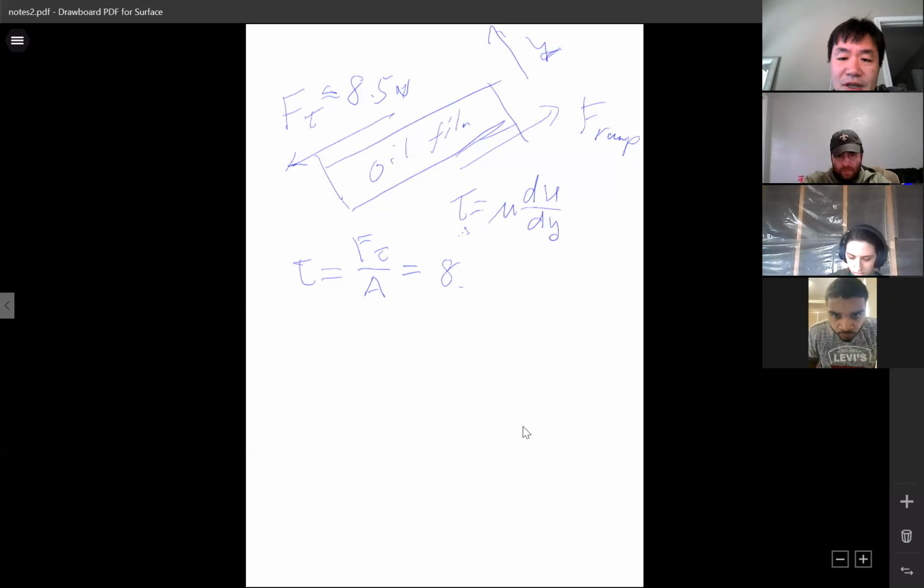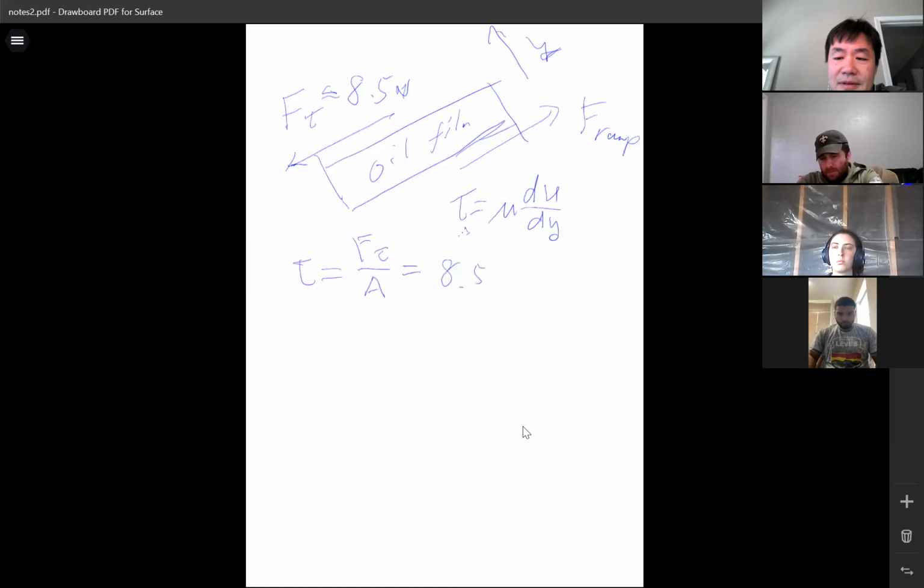Okay, what is the unit? Wouldn't it be Newton per meter squared? Newton per meter square. Okay, everybody got it? Shear stress, easy. You can just calculate based on the shear force you calculated in the previous part from the board.